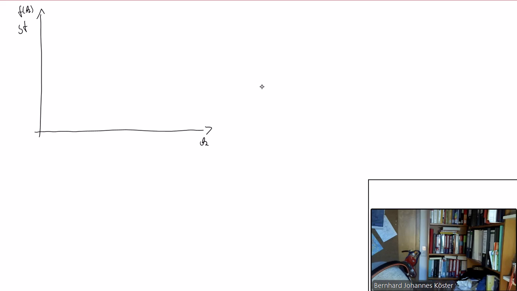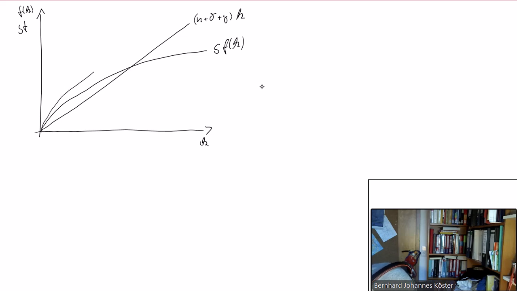Let me redraw this one. s times f of k, n plus delta plus g times k, s times f of k, and f of k itself.